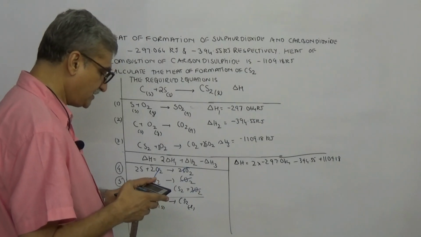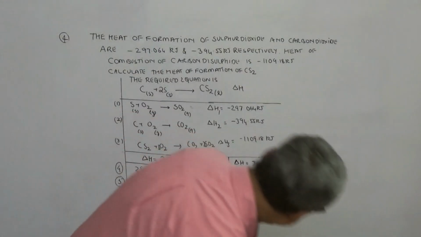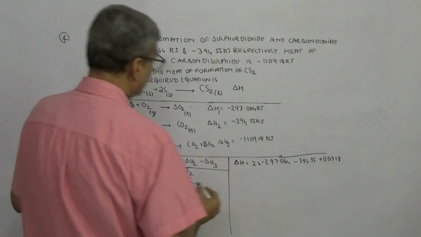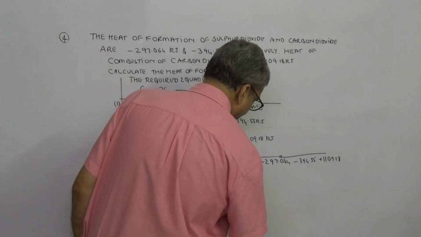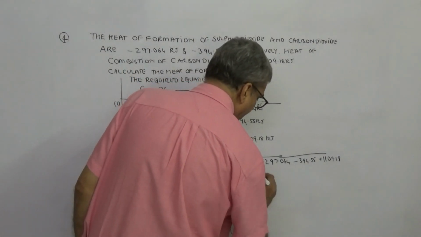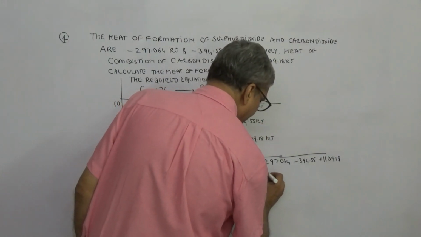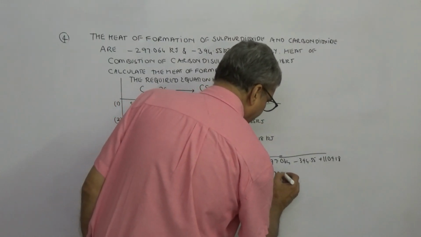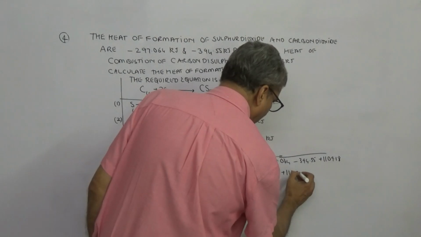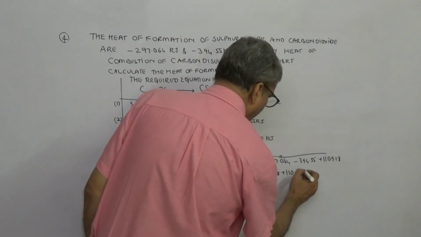So this becomes 988.678. So this part is minus 988.678 plus 1109.18.